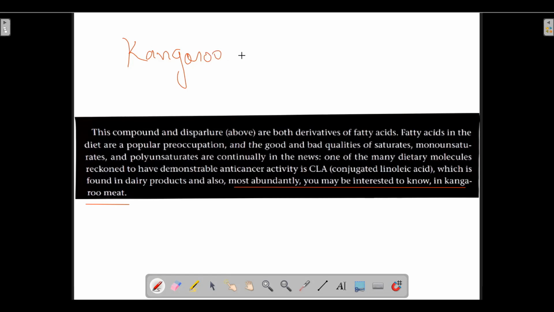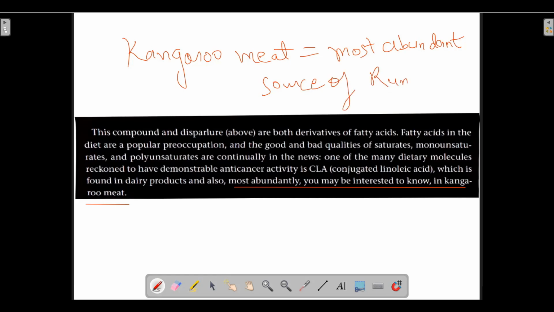Kangaroo meat is the most abundant source of rumenic acid. Okay, keep this in mind.